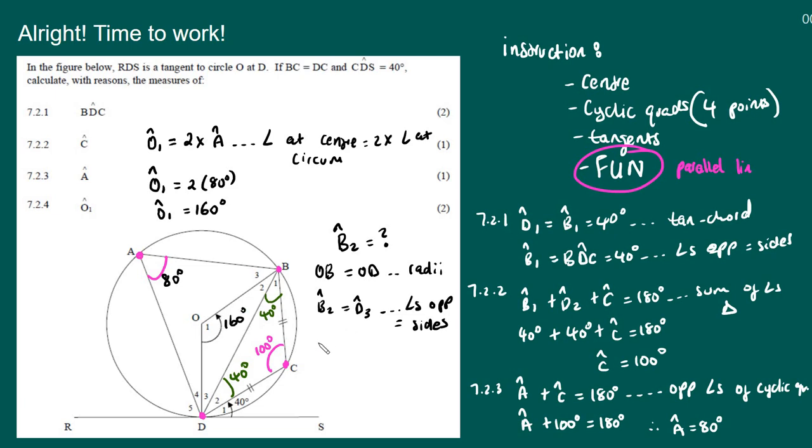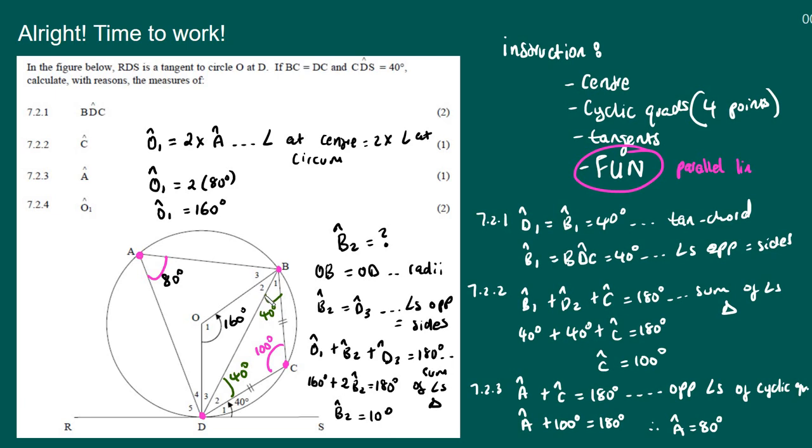Because O1 is 160, O1 plus B2 plus D3 is 180, sum of angles in a triangle. It will be 160 plus 2B2 is equal to 180. Then we solve for B2 and we get that it's 10.